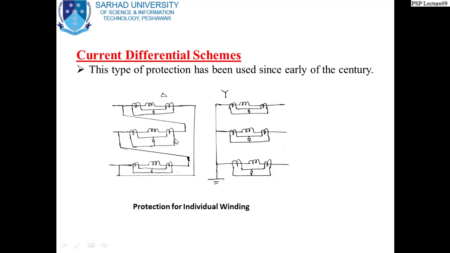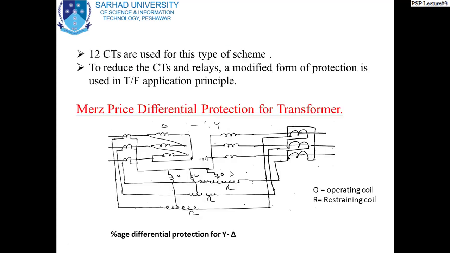Therefore, another type of Merz-Price differential protection for transformer is used, which reduces the number of CTs to 6: 3 CTs on the primary side and 3 CTs on the other side, that is, the secondary side.